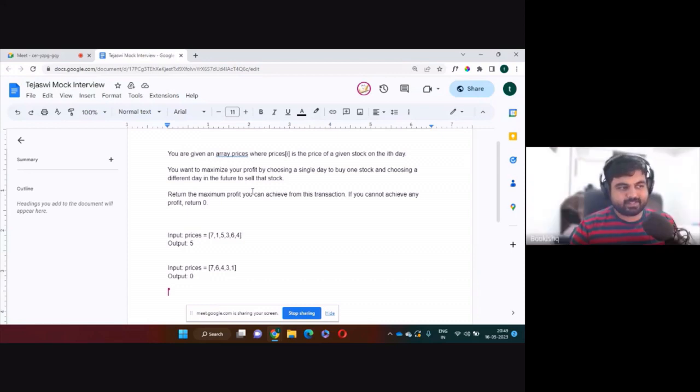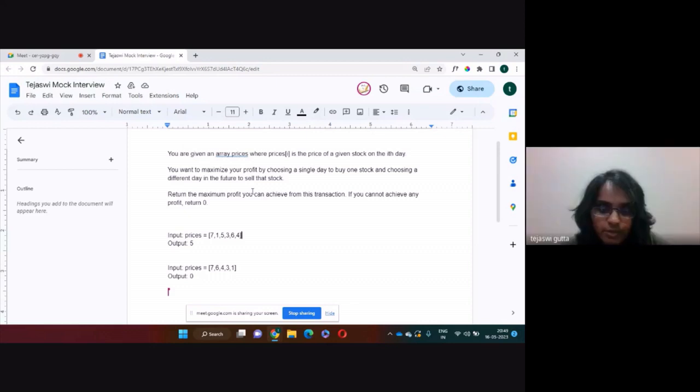In the second example, it is not at all possible to sell the stock at a later day when the stock price is greater. But you have the option to buy at any point and sell at any point. Okay.